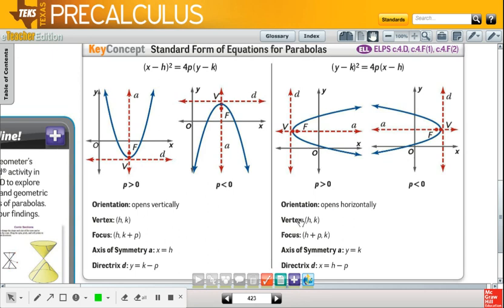So make sure you're familiar with all this information for the standard form of equation for parabolas, because you would have to work backwards given the graph, given components of parabolas, to write out the equation or the standard form for parabolas.